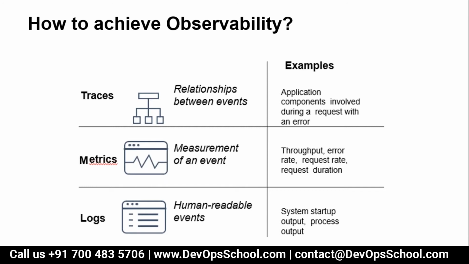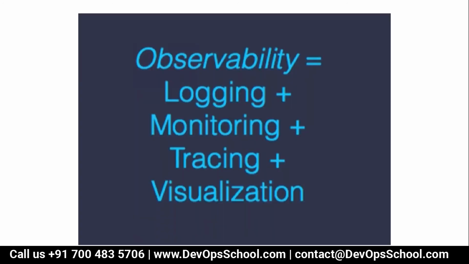And logs are human-readable events, like system startup, process output. So these three things you have to get, and then you'll be able to set up observability. Here, observability is equal to logging plus monitoring plus tracing plus visualizations. All things together, you have to do that in today's environment.